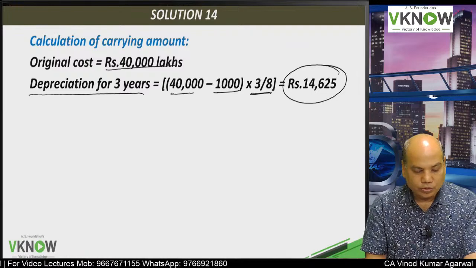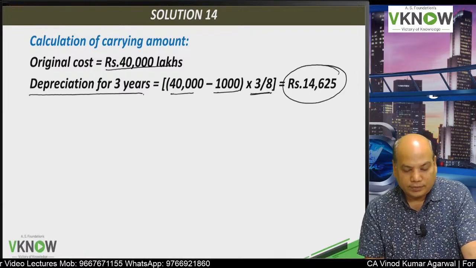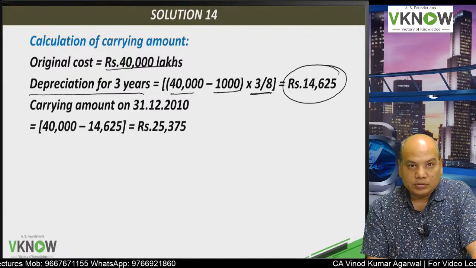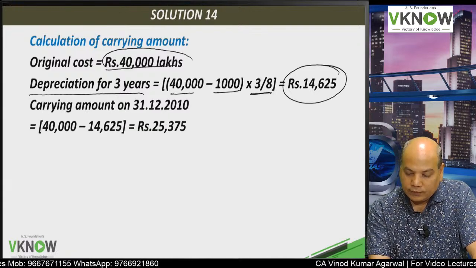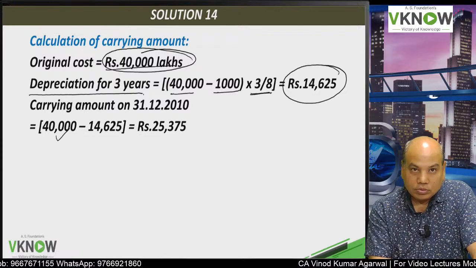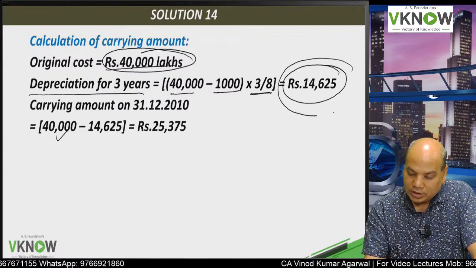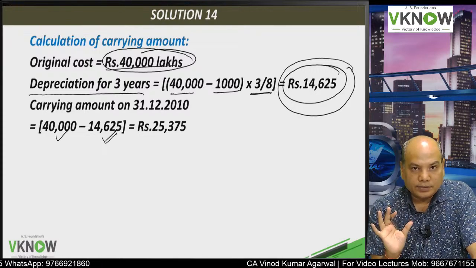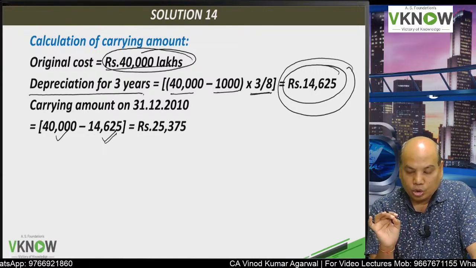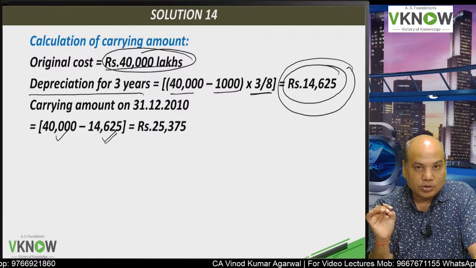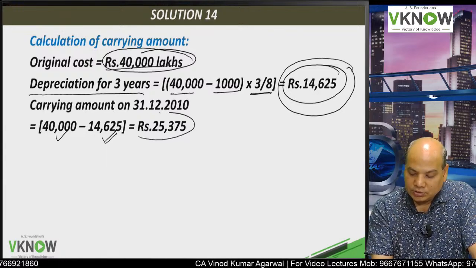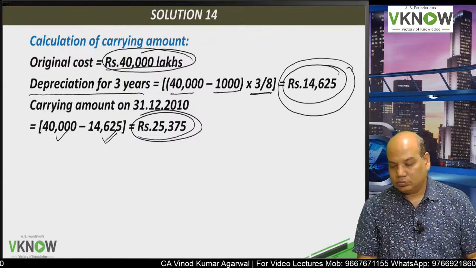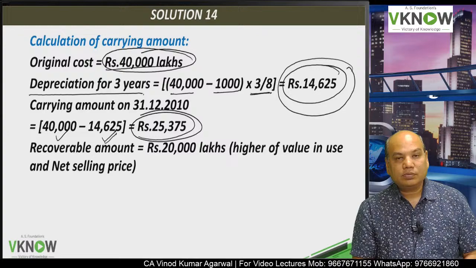So that comes to 14,625. Therefore, carrying amount today will be 40,000 cost minus accumulated depreciation 14,625. Carrying amount on the date you have decided to impair, check the answer, 25,375. Is it right? Is 25,375?